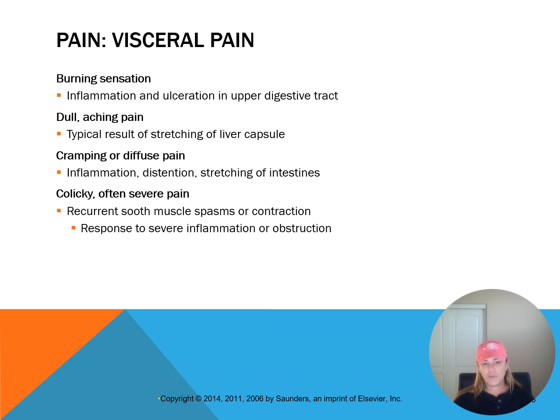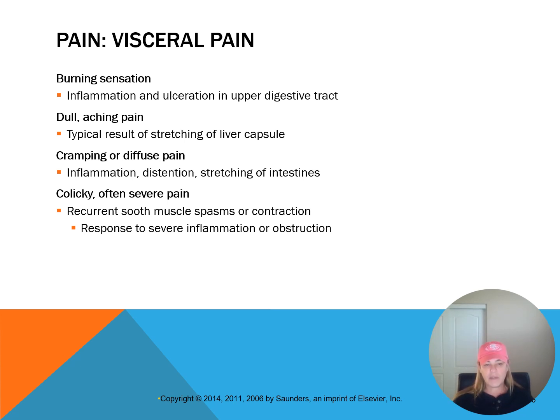Visceral pain is that really deep pain in your intestinal system. A burning sensation can mean that there is an ulceration in your upper digestive tract, or gastric reflux. A dull aching pain usually is indicative of the stretching of your liver capsule, so you get that dull aching pain in your abdominal area.